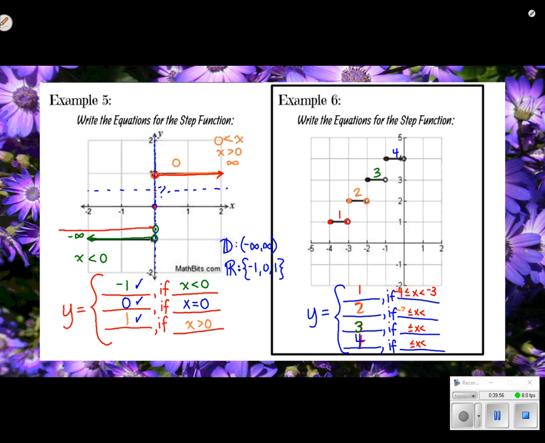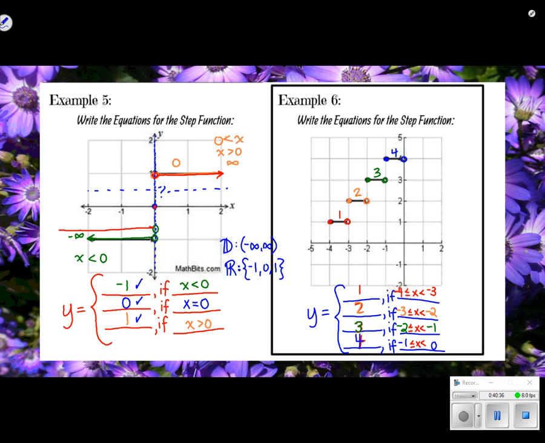So -3 goes here, -2 goes here. So I like to think of them as starting and stopping points. I think it's helpful. All right, 3 starts at -2, stops at -1. So -2, -1. 4 starts at -1 and stops at 0. So -1 and 0.